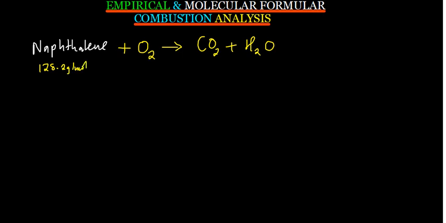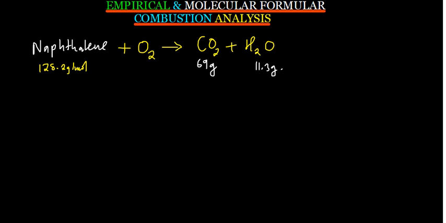Okay. So again, what you've been told is the complete combustion of this compound is going to produce 69 grams of carbon dioxide, and it is also going to produce 11.3 grams of water.